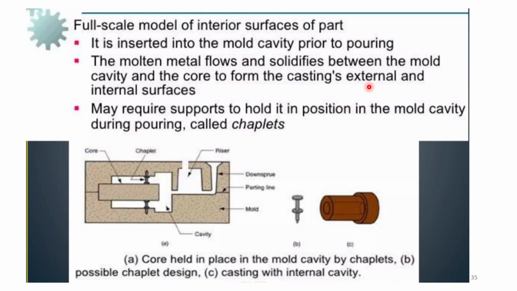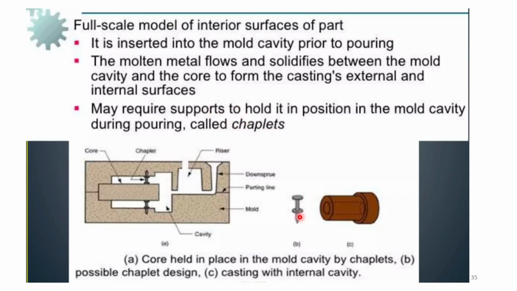Next you have a full scale model of the interior surface of the part, and it is this core. It is inserted into the mold cavity prior to pouring hot metal. The molten metal flows and solidifies between the mold cavity and the core to form the casting's external and internal surface. This may require support to hold it in position in the mold cavity during pouring, and this support is called chaplets.